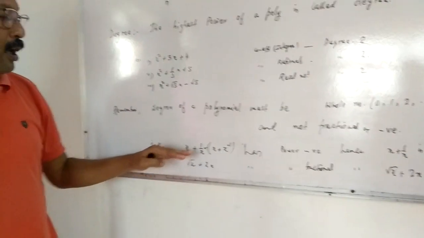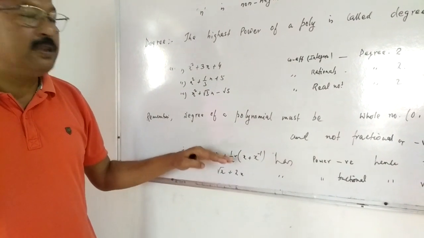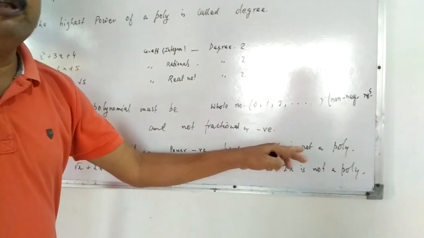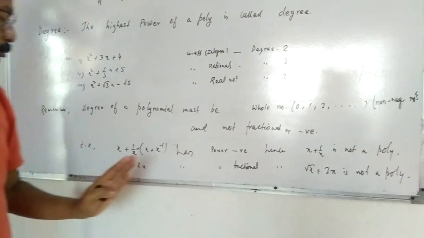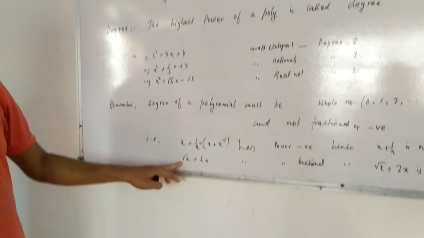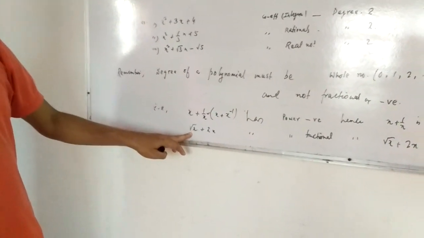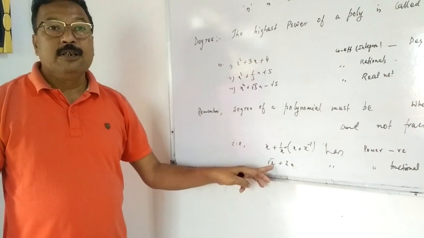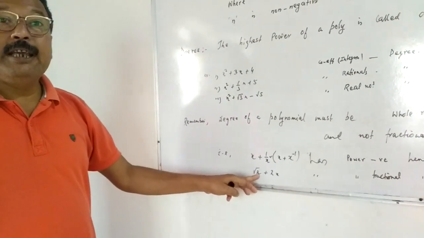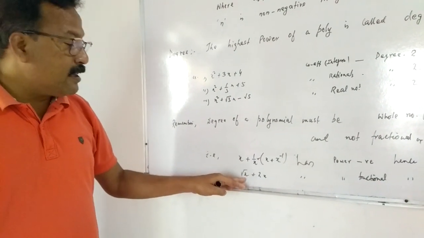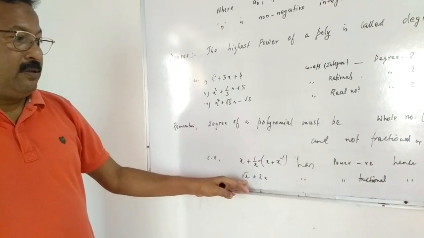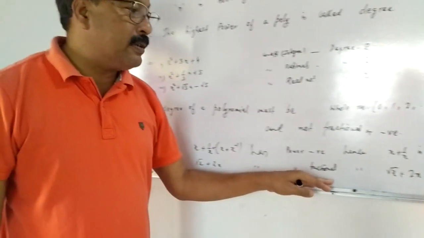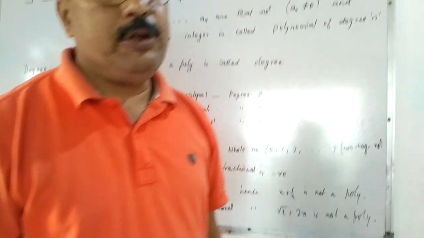One of the terms of this expression has a negative power. Hence x plus 1 upon x is not a polynomial, whereas in root x plus 2x, the power of x is square root of x, meaning x to the power half. That is, this x has fractional powers, hence this is also not a polynomial.